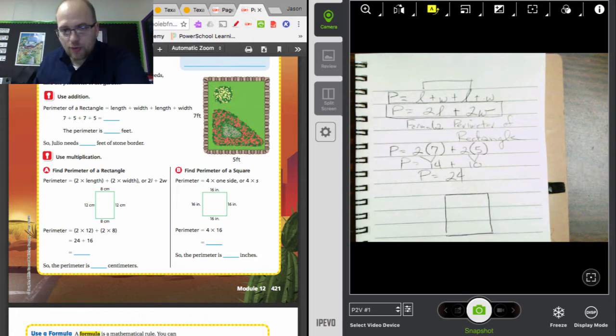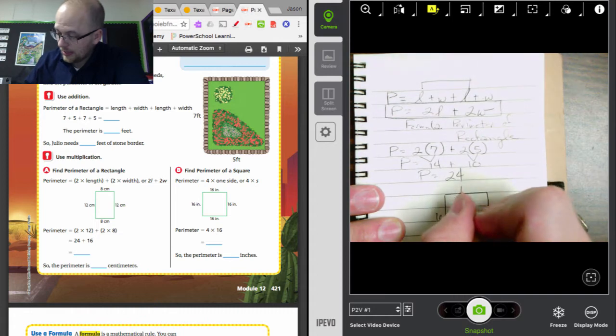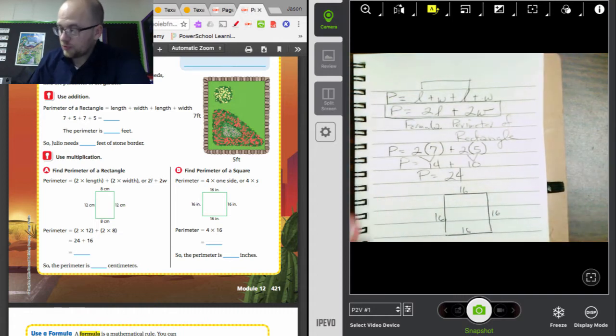The thing about a square that makes it unique is that all 4 sides are the same. So I could say 2L plus 2W. But L and W are the same here. So really, I could just say 4 times the length of one side.